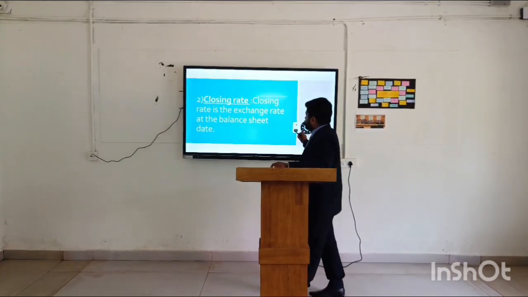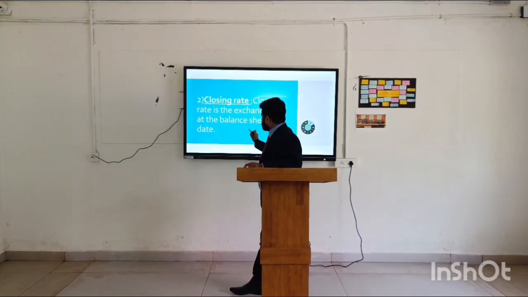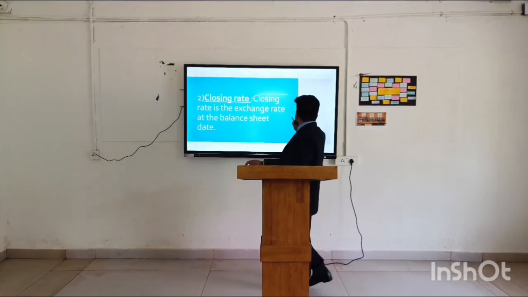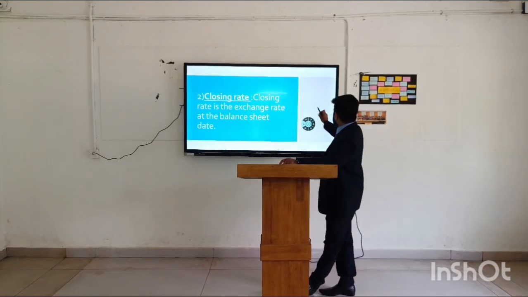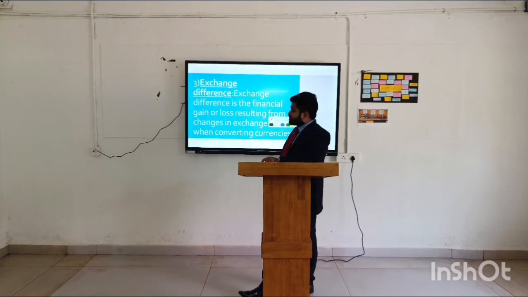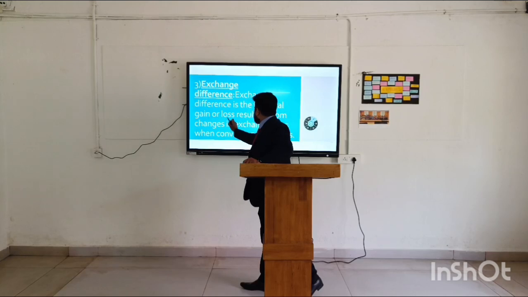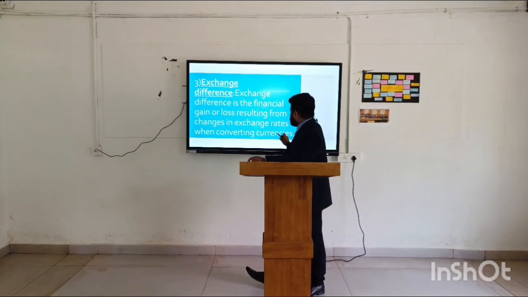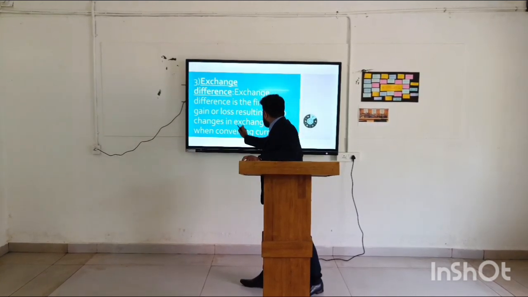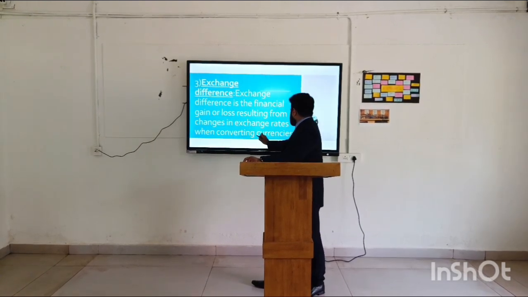Closing rate is the exchange rate at the balance sheet date. Third one, exchange difference. Exchange difference is the financial gain or loss resulting from changes in exchange rate when converting currencies.